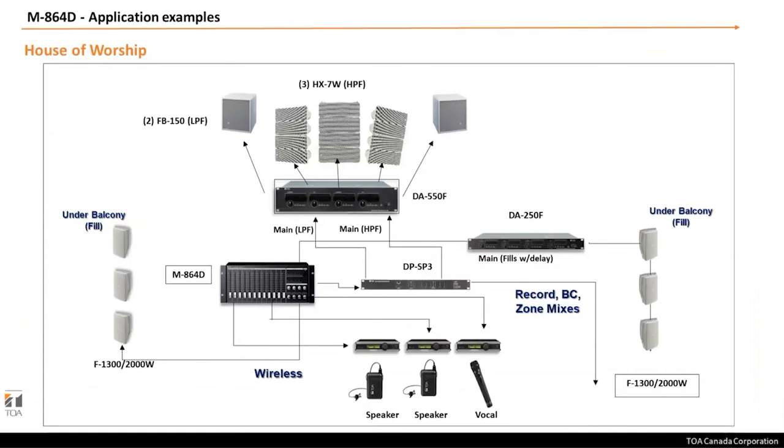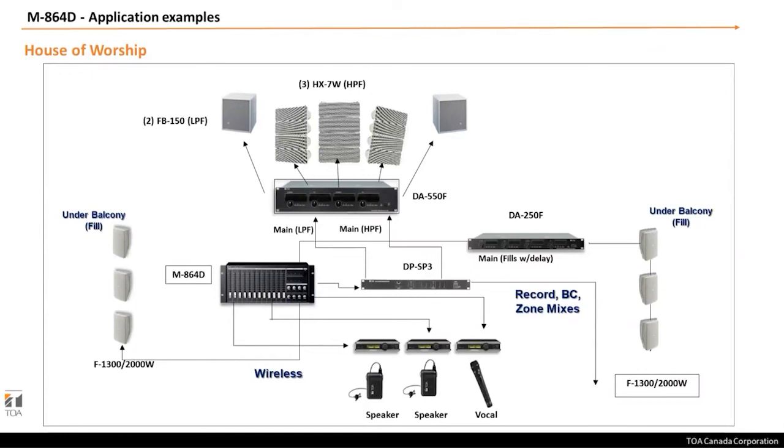Application examples for our digital mixer. We have a complete diagram here illustrating the application of a house of worship. So basically we have in this system our digital mixer M864.